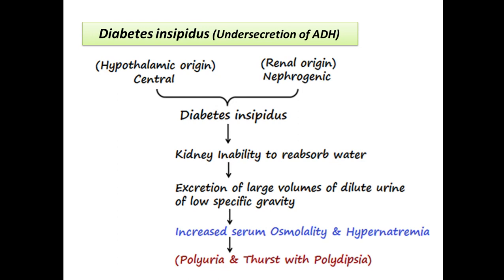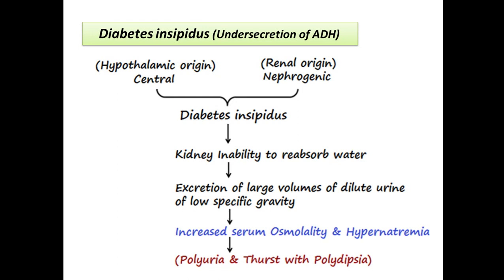And in diabetes insipidus, large volumes of dilute urine of low specific gravity, with less content of the solutes, hypoosmolar urine, is excreted. And the loss of water in the urine will increase the osmolality of the blood or plasma.